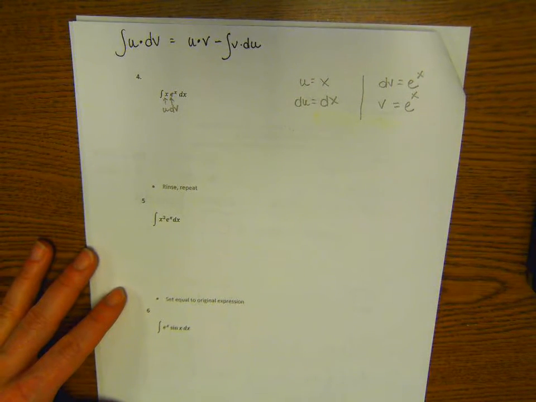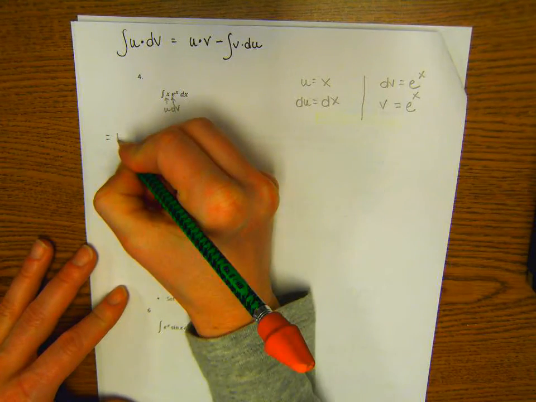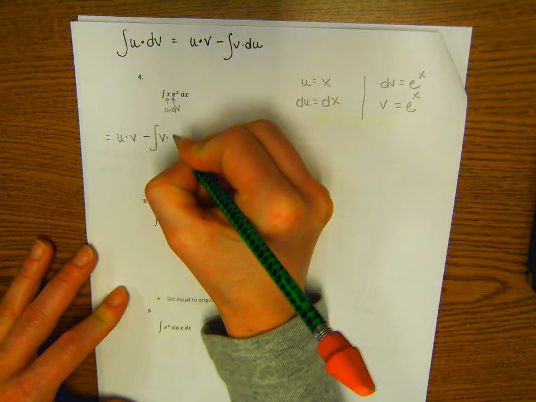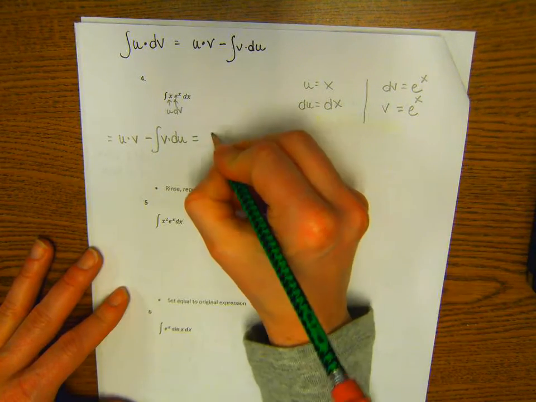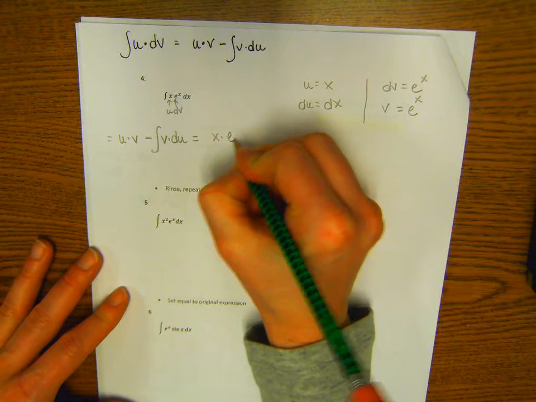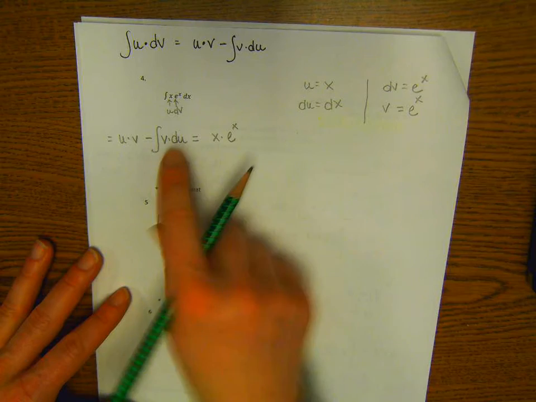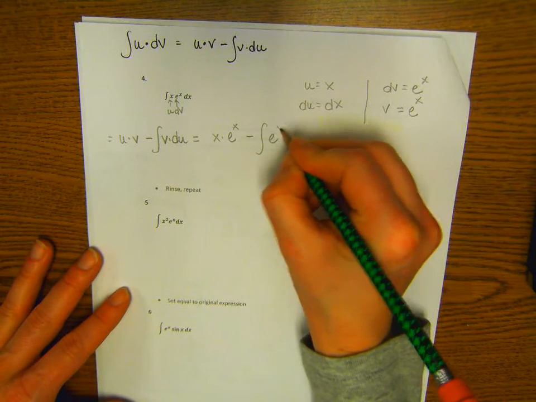And we're going to do, that's going to equal u times v minus the integral v du. So we're going to write x times e to the x minus the integral of e to the x dx.